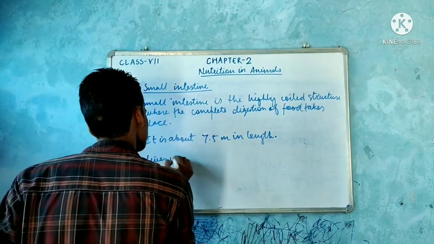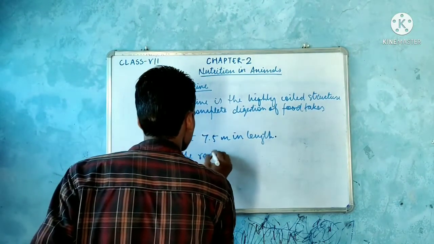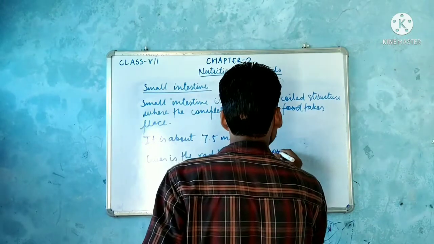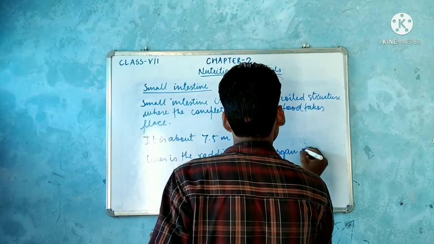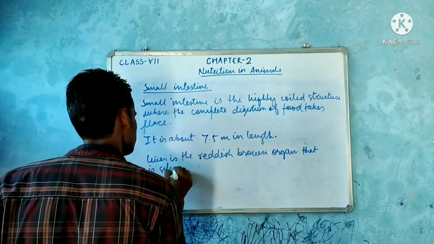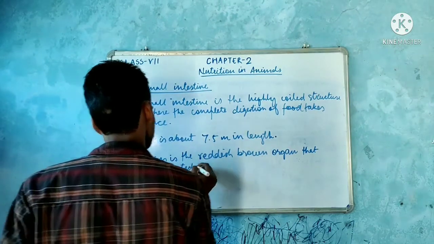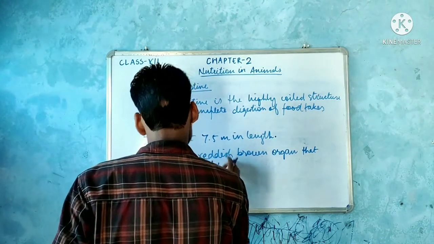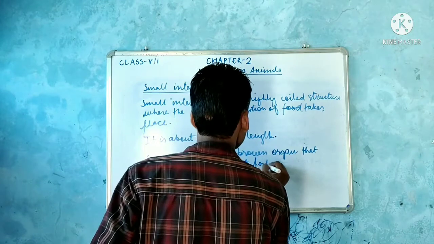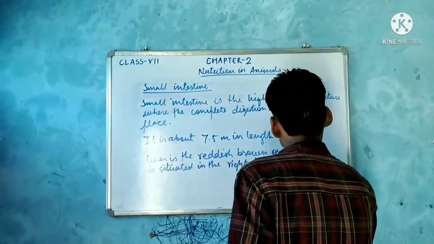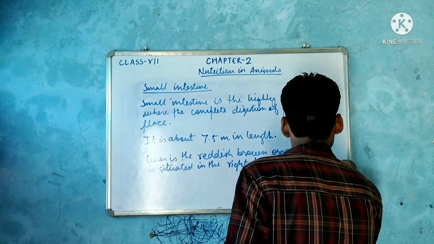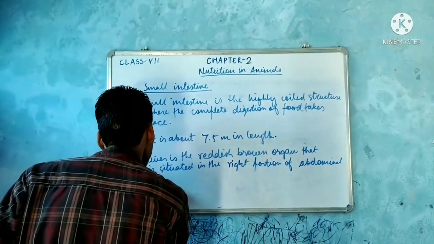Liver is the reddish brown organ that is situated in the right portion of abdominal cavity.